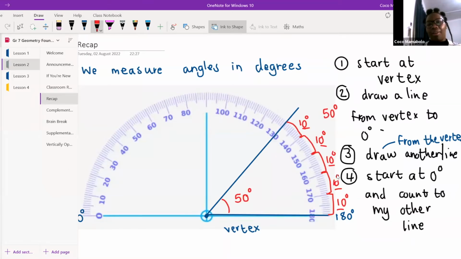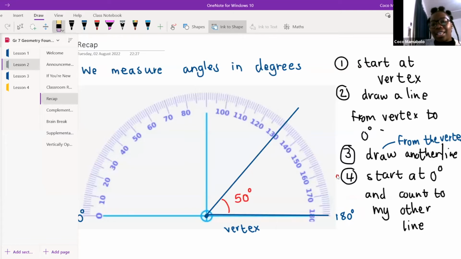Lina Mandla says, now I understand. I'm glad. Those of you who weren't seeing it before, I hope you now know why it's 50 degrees. Because between 130 degrees and 180 degrees, there is 50 degrees. Or if that's too confusing, if my first line doesn't start at the vertex, what I can do is calculate it like a sum.